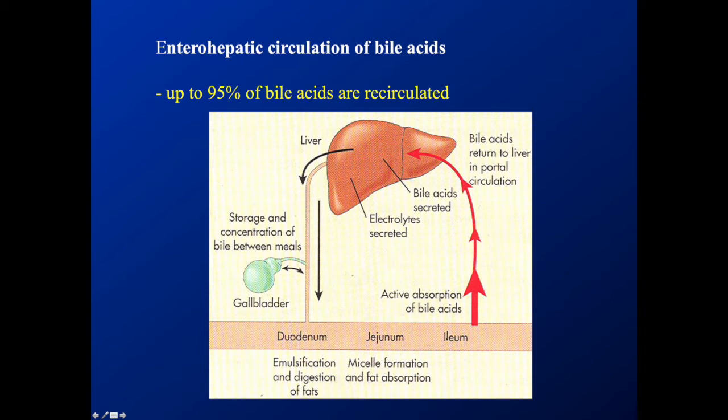And then as it gets down into the terminal ileum, or even in the proximal colon, these bile acids are reabsorbed, and through the portal circulation they're then taken back into the liver, where they're acted on, either reconjugated or hydroxylated to form primary bile acids and salts.